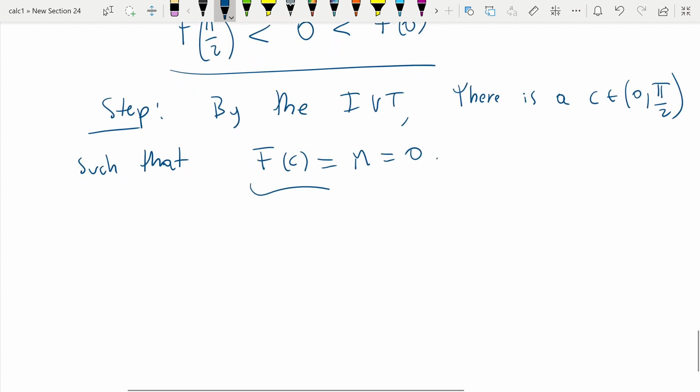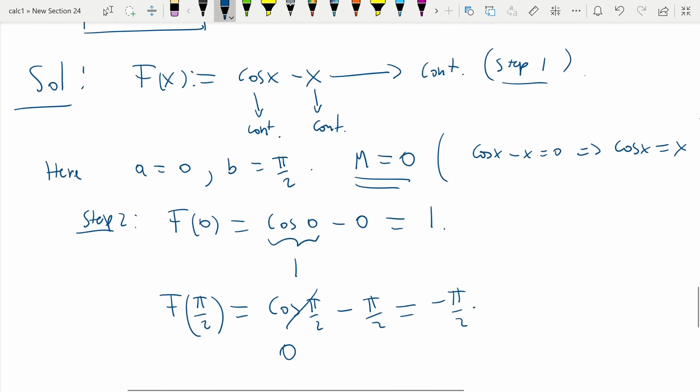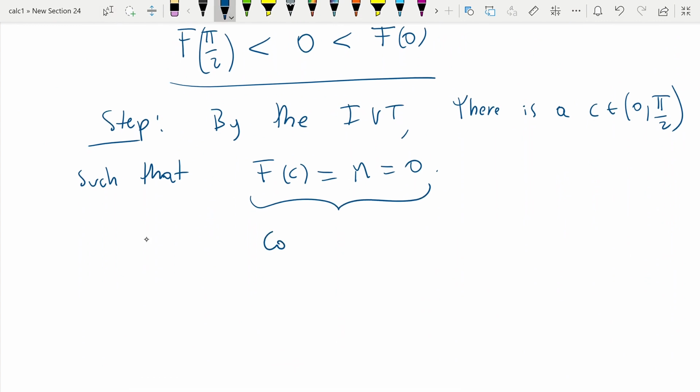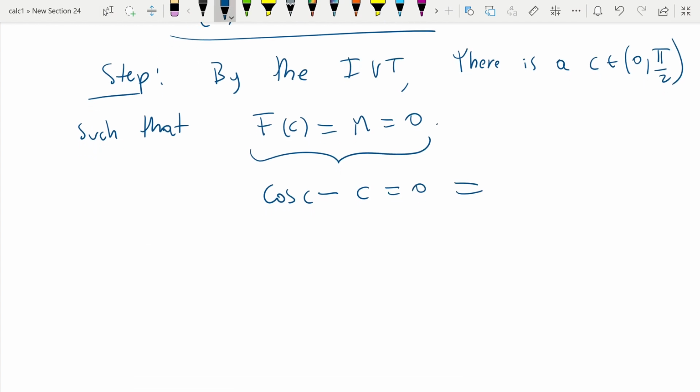And this means here that what is f? F, remember, is cosine of x minus x. So this means that cosine of c minus c is equal to 0. Again, which we already mentioned, this implies that cosine of c is equal to c.